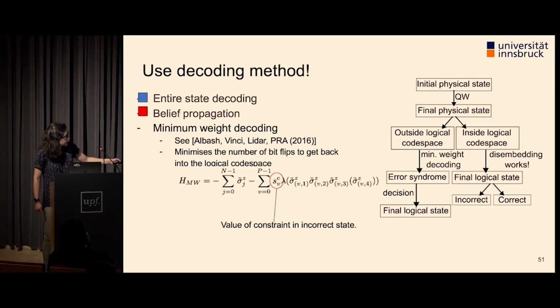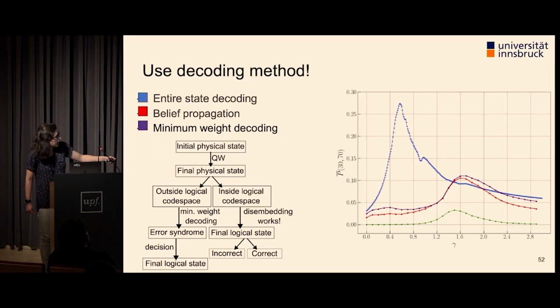And so how did this perform? We see that this one actually performed very similarly to the belief propagation decoding. And if we look at this flowchart again, we can see that if we end up outside the logical code space, we can use this minimum weight decoding to get an error syndrome, and then use this to hopefully find a final logical state, which might be incorrect or correct.